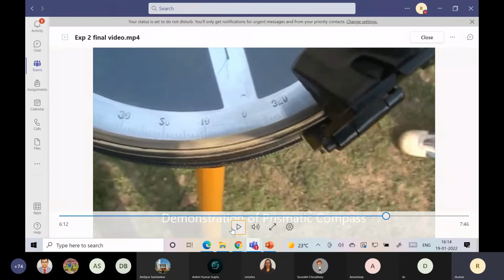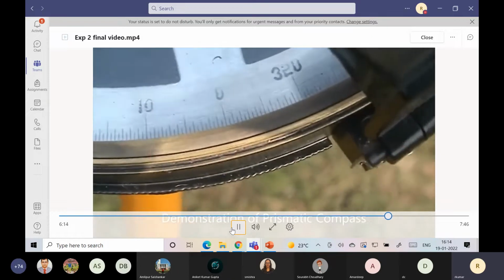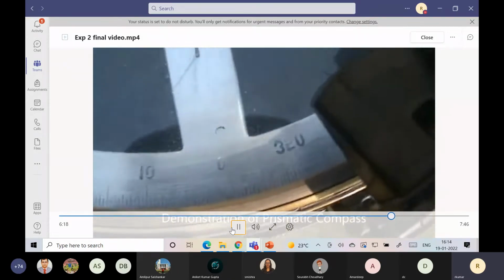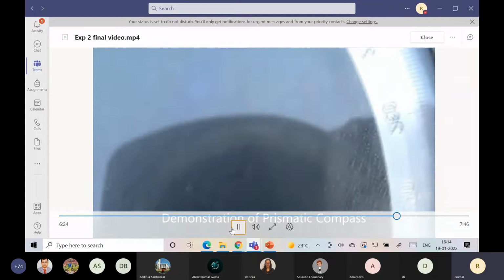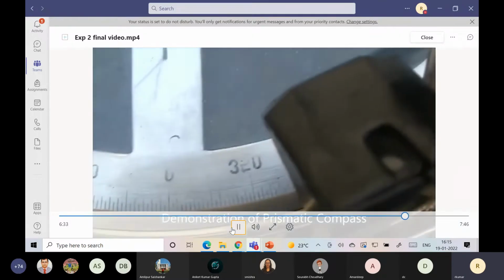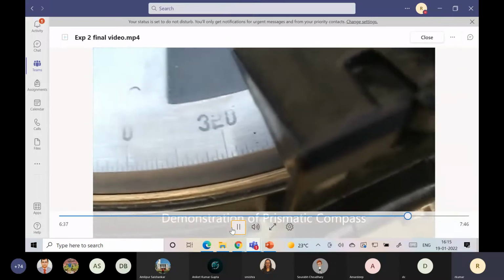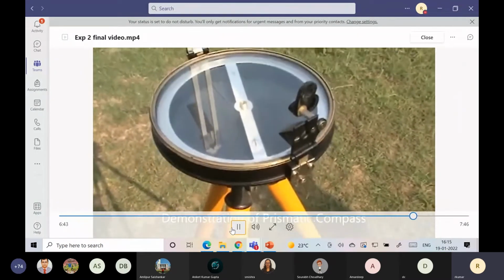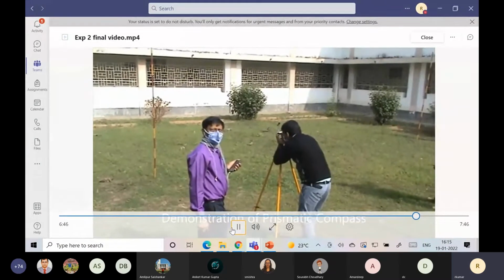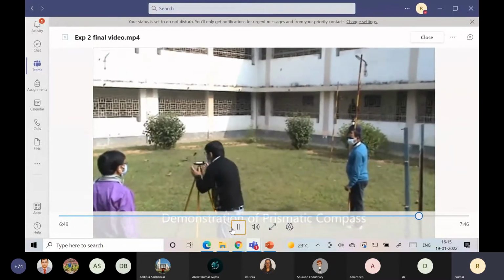This is south. At south will be 0, and at the side where north is written, that is our 180. Now see, we are bisecting the ranging rod.